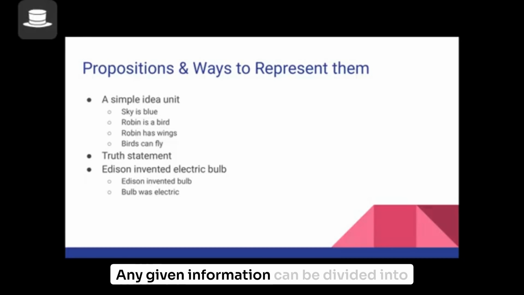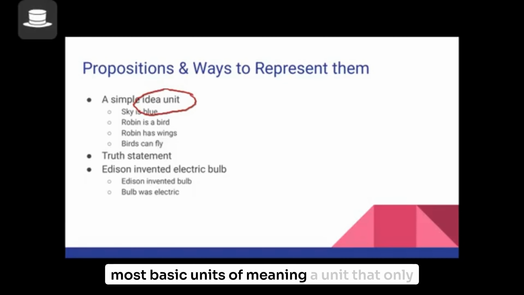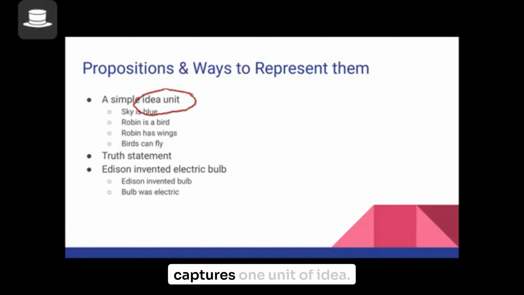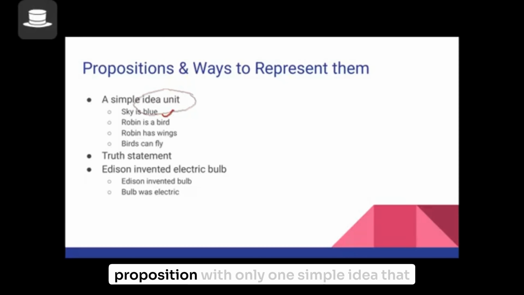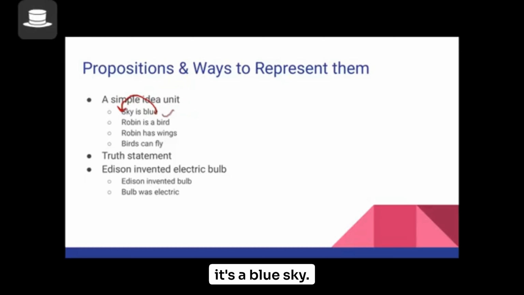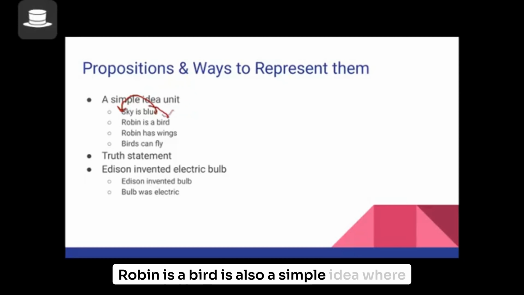Any given information can be divided into the most basic units of meaning, a unit that captures only one idea. So for instance, sky is blue is just a proposition with only one simple idea, that it's a blue sky. Robin is a bird is also a simple idea where you're talking about Robin being a bird.